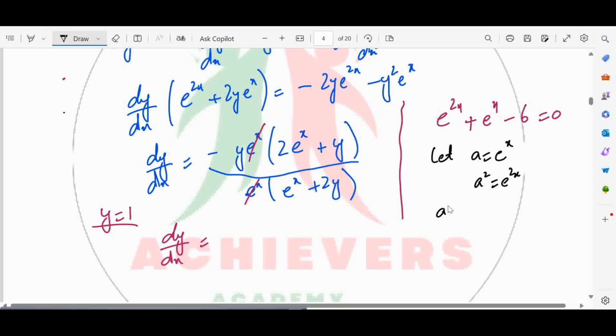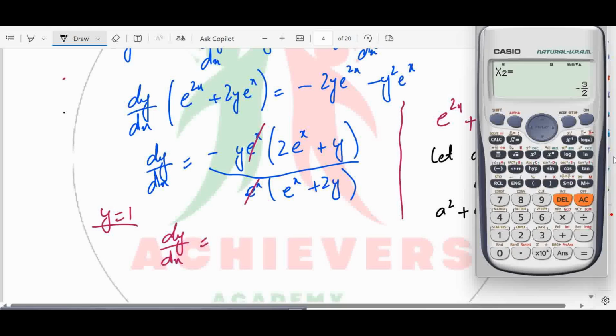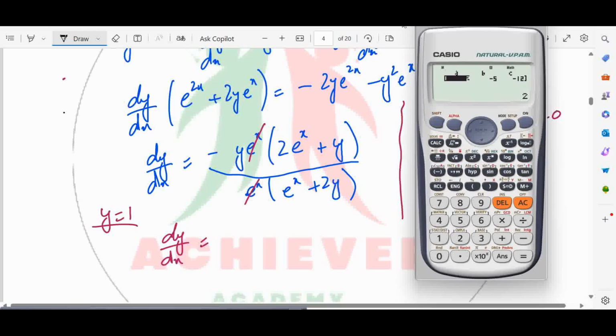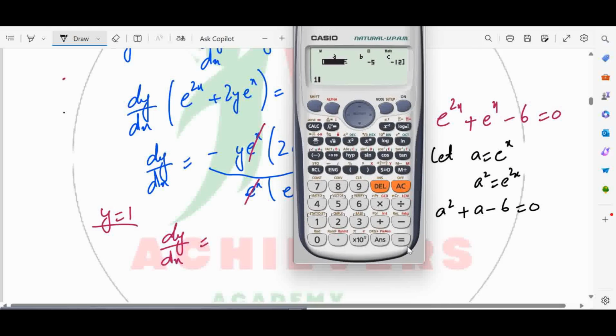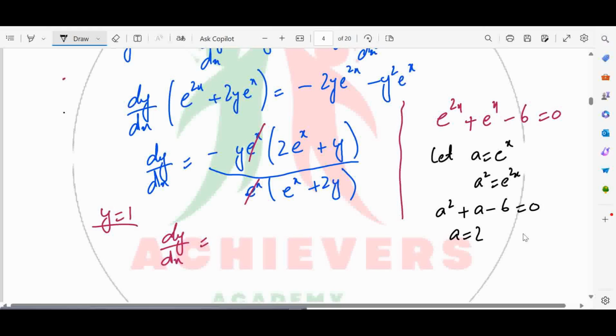Now this will be a square plus a minus 6 is equal to 0. We can use the calculator with a equal to 1, b equal to 1, c equal to minus 6. So we will have the answers 2 and minus 3. A is equal to 2 and a is equal to minus 3.